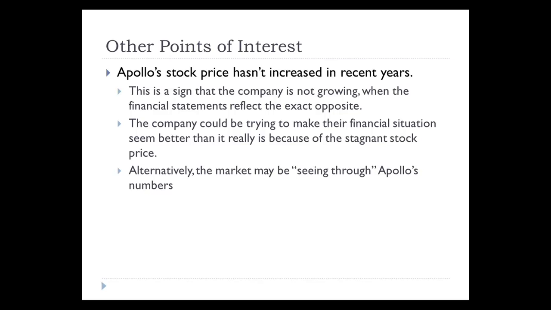Because if that was the case, we would see an increase in bad debt expense. What would that have the effect of? Depressing income, net income. Allowance for inventory obsolescence, same thing. We would see net income being depressed. So that would just make the problems that they're having even worse. So that's why we might not see that they're adjusting these accounts. They have incentives to try to manage earnings.